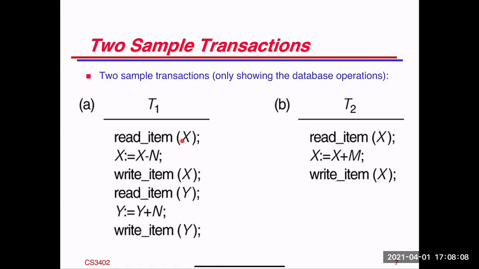So I'm reading X and then subtracting a value of n from X. But this only happens in our variable X, so this is not yet updated in the database. Then I write the item X back to the database. Then I read the item Y from the database, and I add to the value that I read the value n that I subtracted from X, right? So I'm adding n reservations there to Y, and then I actually update this in the database.